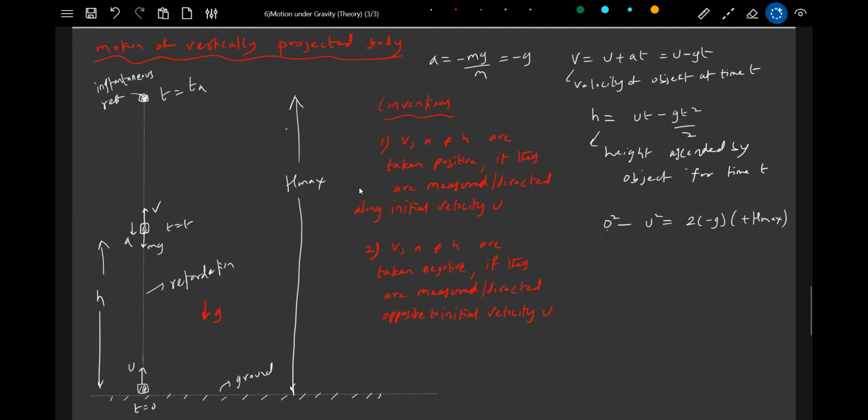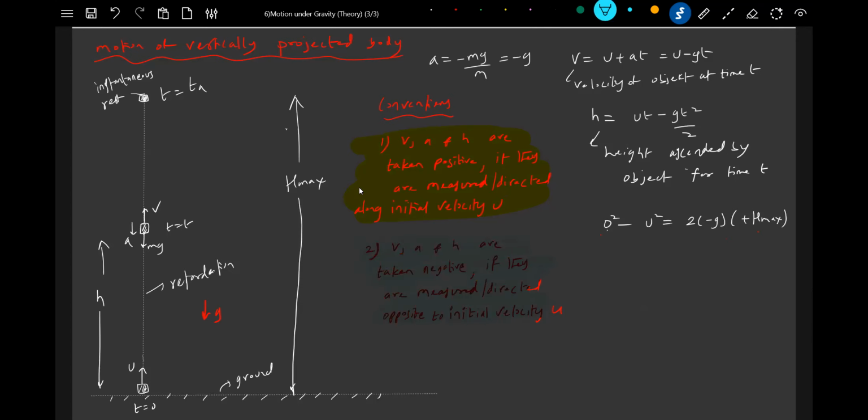This is a very fundamental thing which we will be taking help of in our discussion. Okay, fine. This is about the convention.